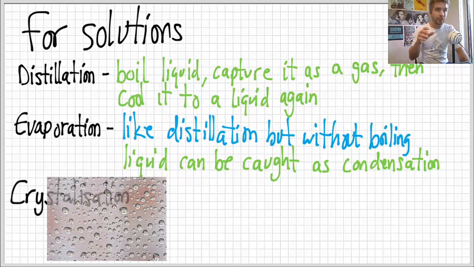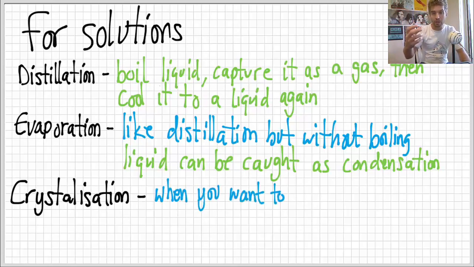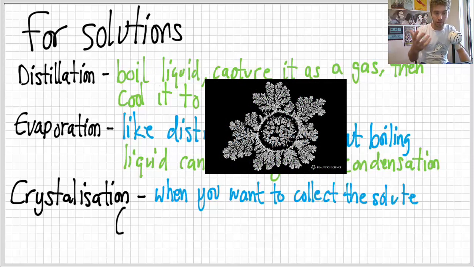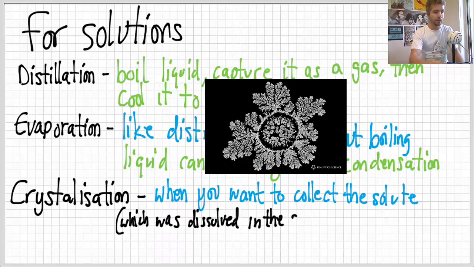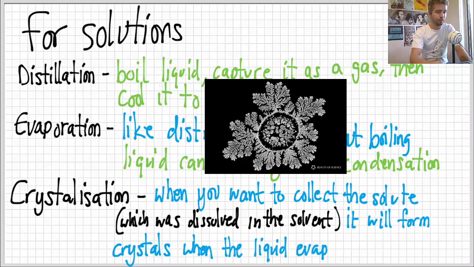Crystallization is also related to distillation and evaporation. When the liquid, the solvent, is gone, the solute, the solid that was in the liquid, will be left behind in crystals. It has crystallized and can then be collected manually. The solute was dissolved in the solvent and it's left behind, forming crystals.